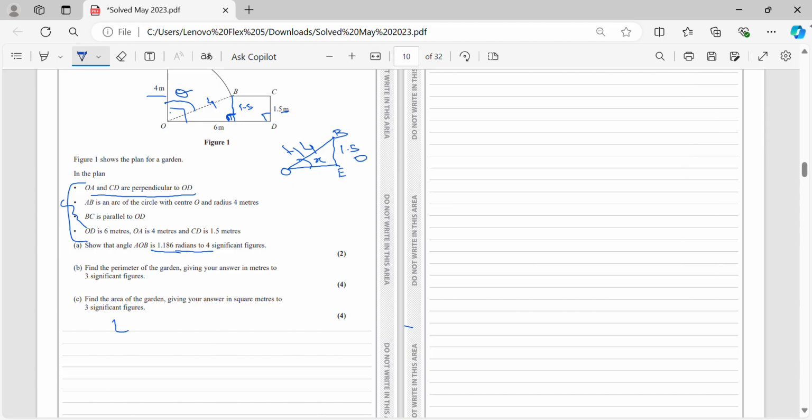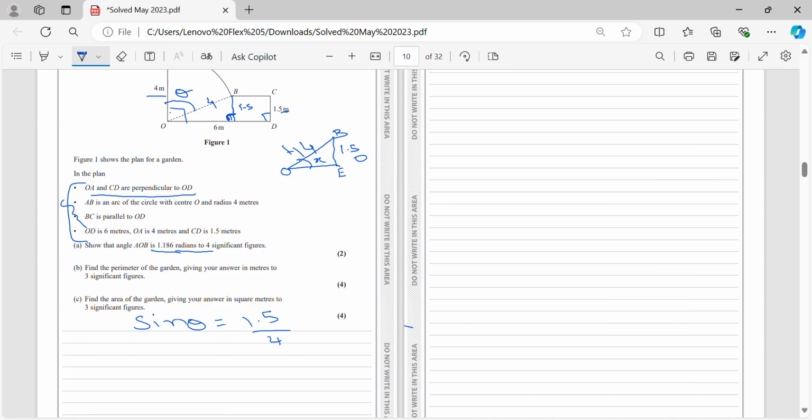Opposite over hypotenuse is sine, not tangent, so let me erase that. Sine theta equals 1.5 over 4.